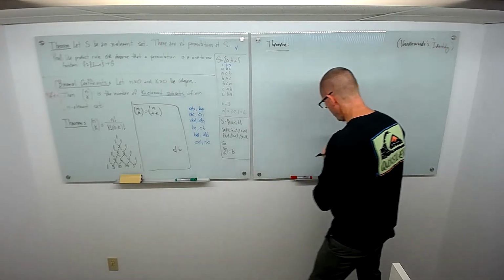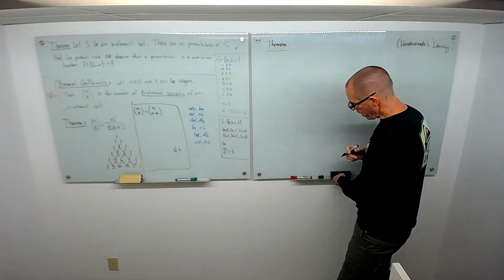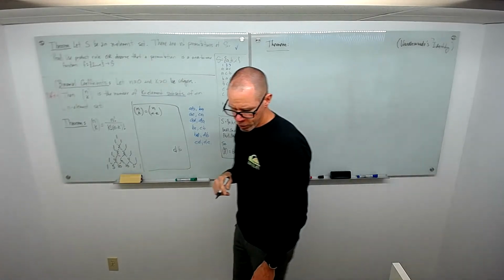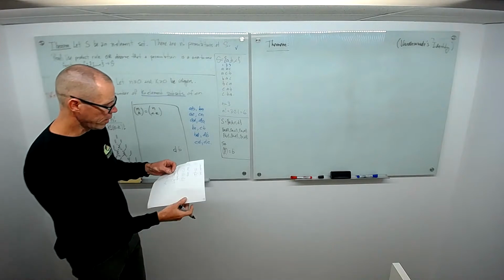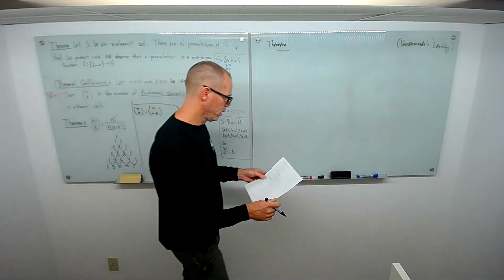This theorem here is called Vandermonde's identity. If you do linear algebra, you may have seen Vandermonde matrices, which have nice determinants. This is something else.